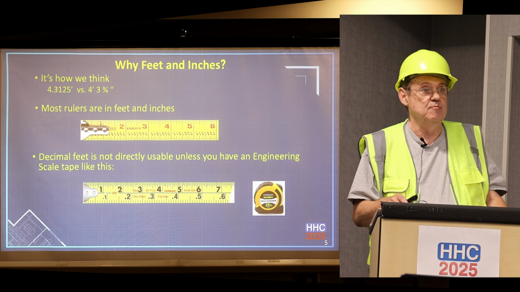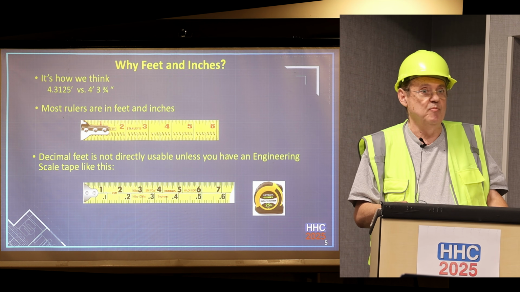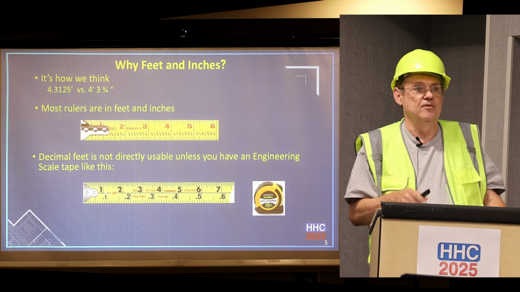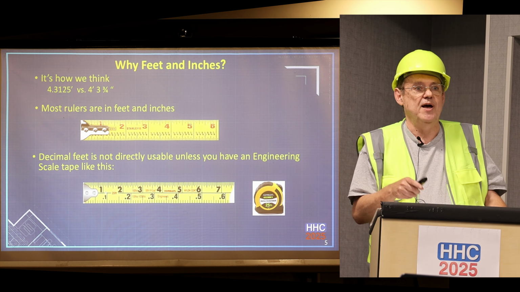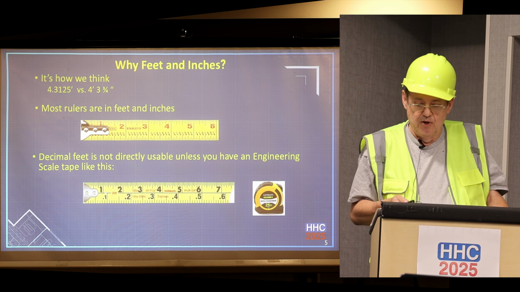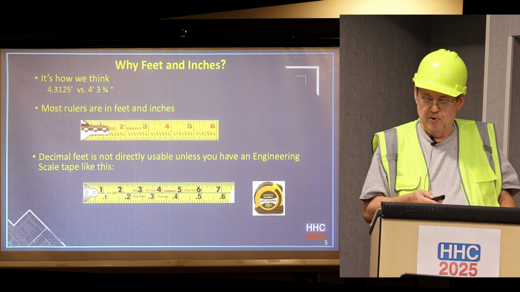They make tape measures that have tenths of a foot. You can buy one of those, and we can send that around. So go ahead and start passing. You just hand it to your neighbor and send that around. You can buy it at a Home Depot or whatever.